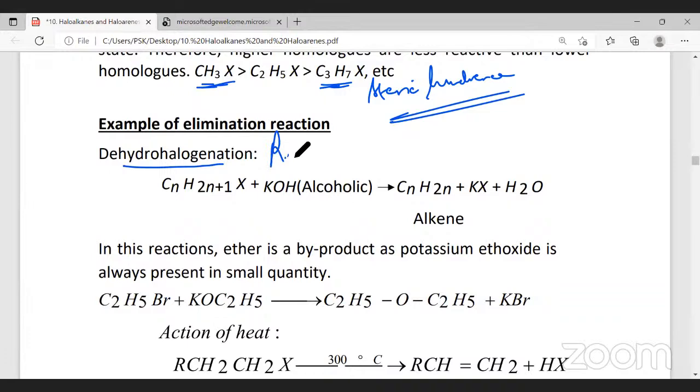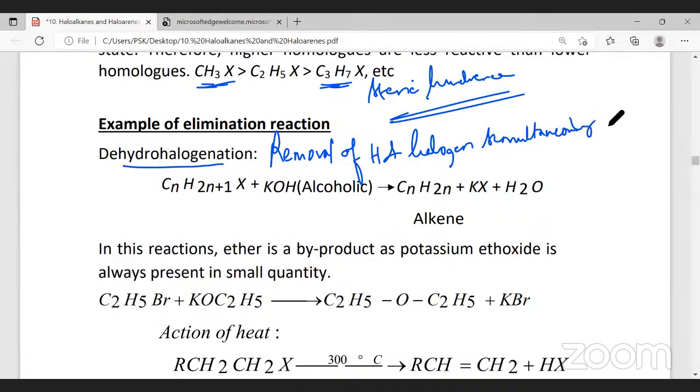So removal of hydrogen and halogen simultaneously from neighboring carbon atoms or adjacent carbon atoms is called dehydrohalogenation.